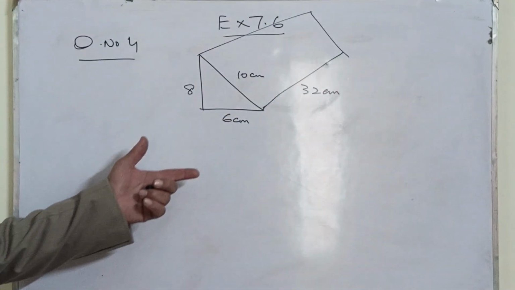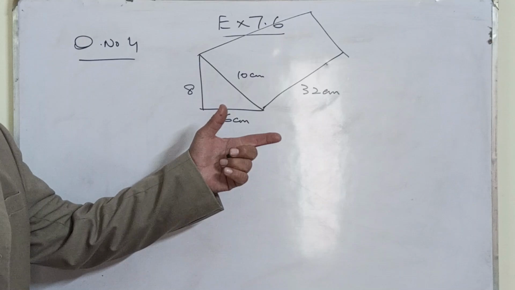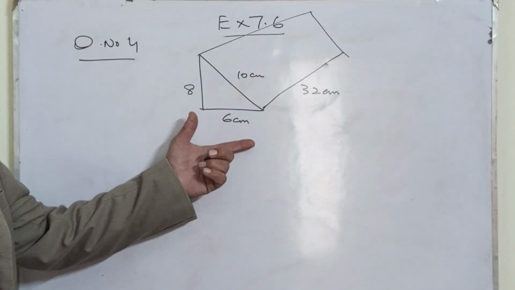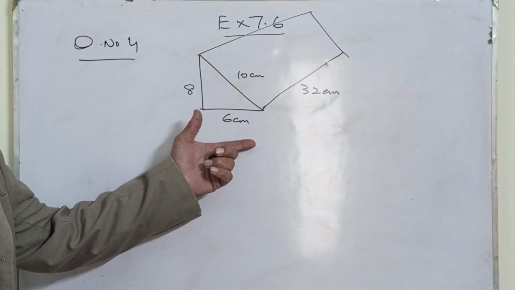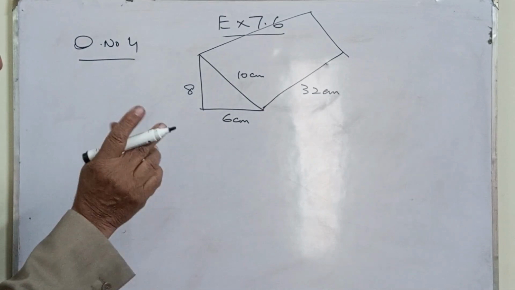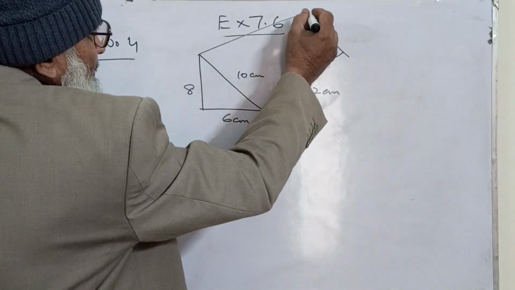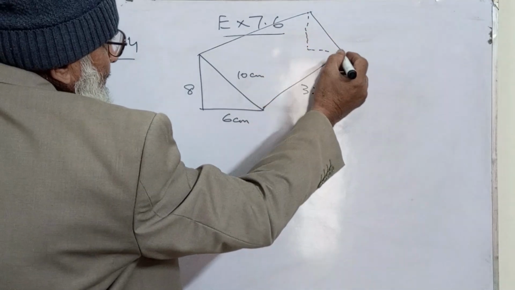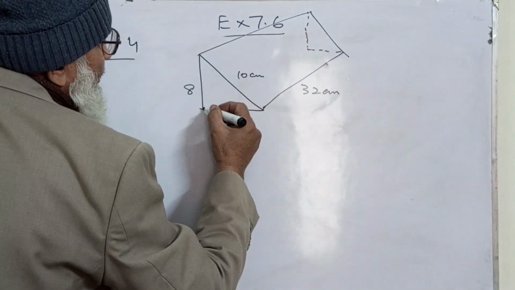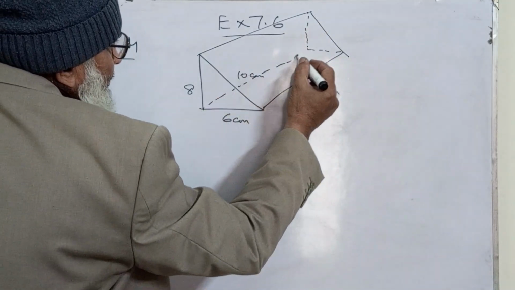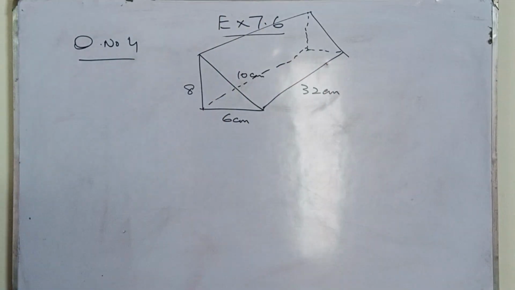Now, my dear students, this question is the same question which I did at the start of the lecture. You just imagine that there are three rectangles in this figure. The ones I am going to make dotted are hidden, at the back side of this figure.